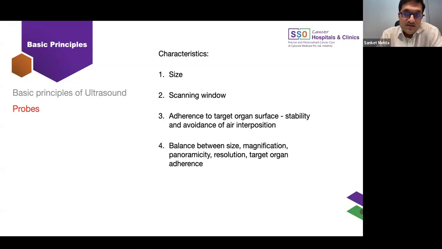Adherence to target organ surface: if you have a very large probe and a small organ, the stability to avoid air interposition will not be there, and you would get artifacts which undermine the images that are produced. The probe has to be a balance between size, magnification, resolution, target organ adherence, and panoramicity, all combined, depending on the step of the surgery.